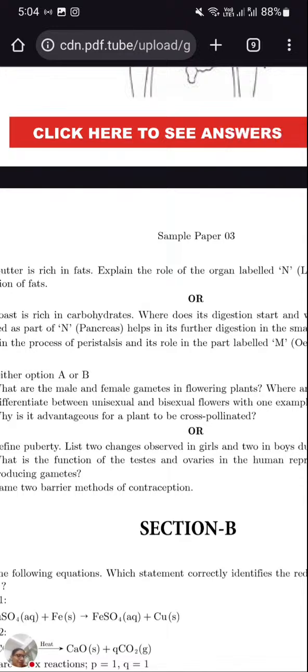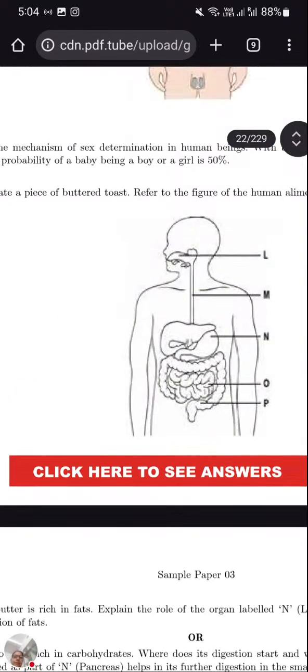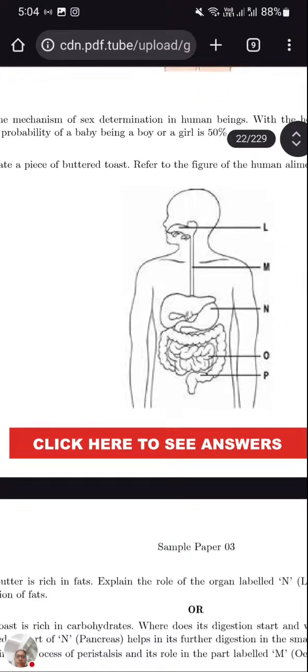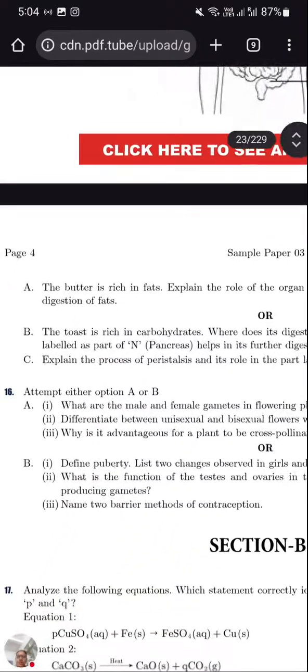So how does the peristaltic movement take place in the esophagus? The esophagus is the food pipe. It undergoes rhythmic contraction and relaxation, by which the food passes further to the stomach. So this completes the human digestive system.